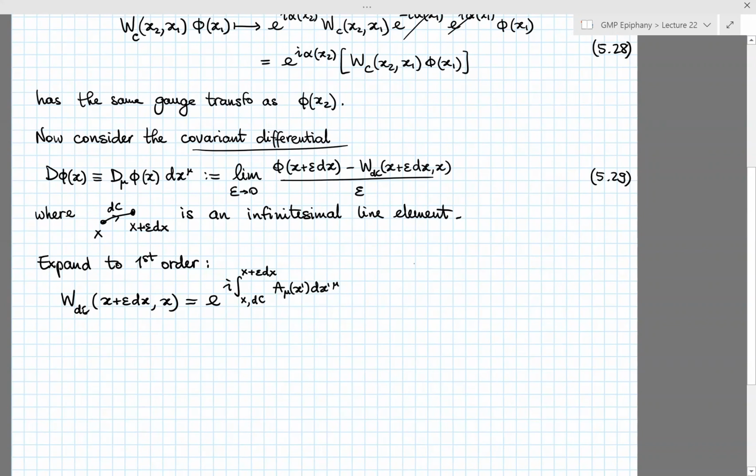Now, since the extent of a line element is infinitesimal, we can rewrite this as e to the i A mu of x times epsilon dx mu, the extent of the line element, plus order epsilon squared. And if I Taylor expand the exponential, I get 1 plus i epsilon A mu of x dx mu plus order epsilon squared.